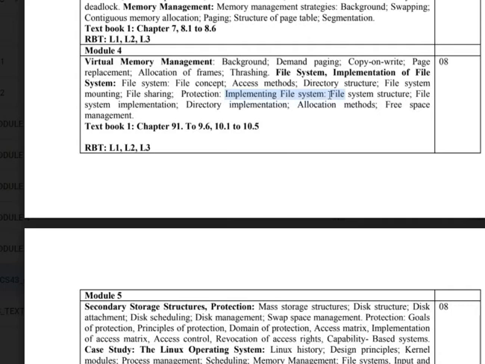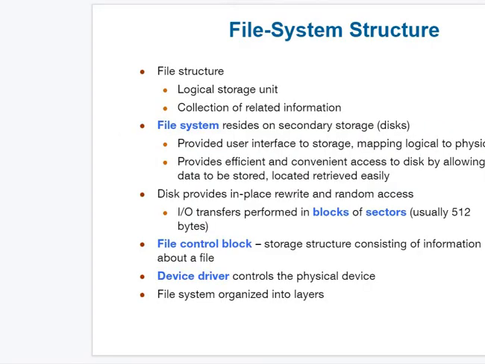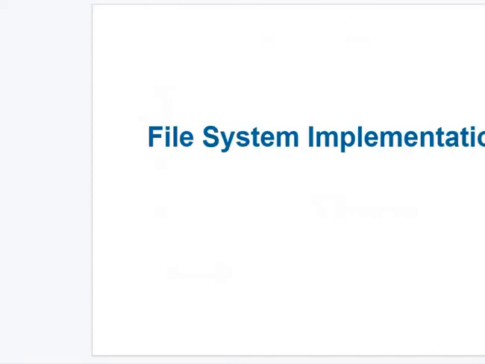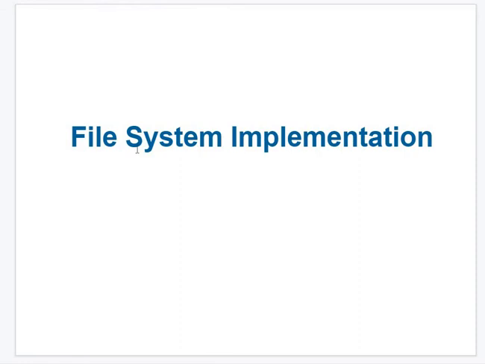In implementing file system, today we are going to study file system structure and, if possible, file system implementation. So let's take the next chapter, file system structure, which we also call file system implementation.